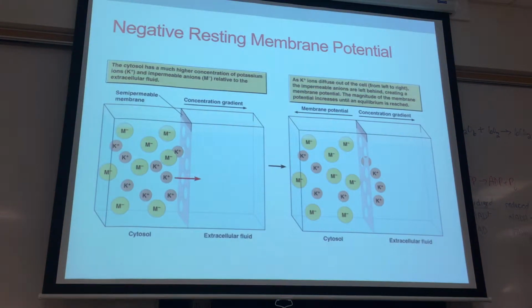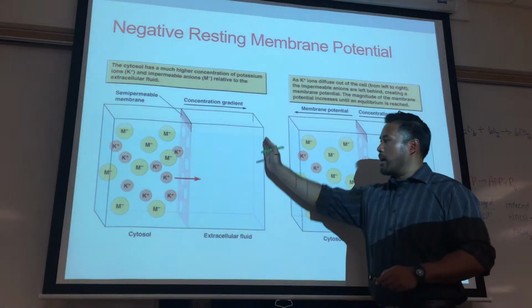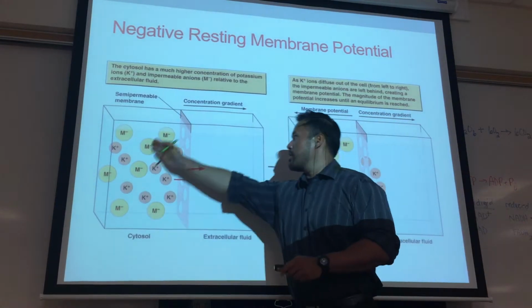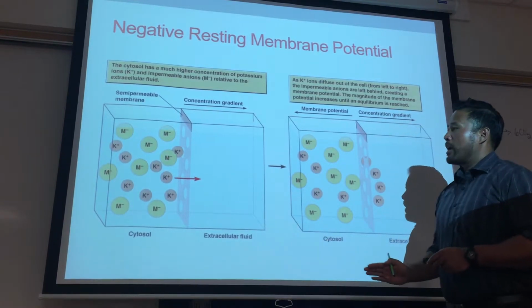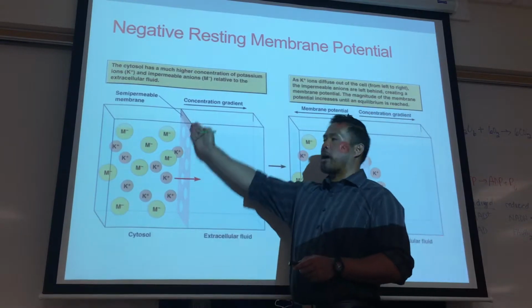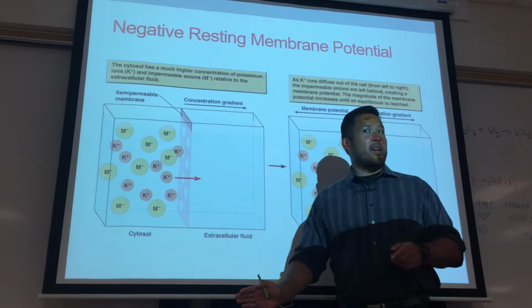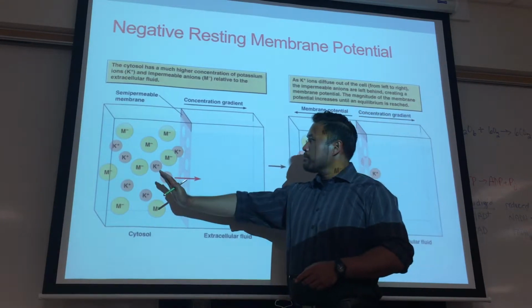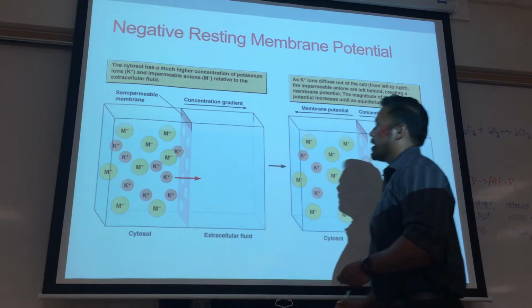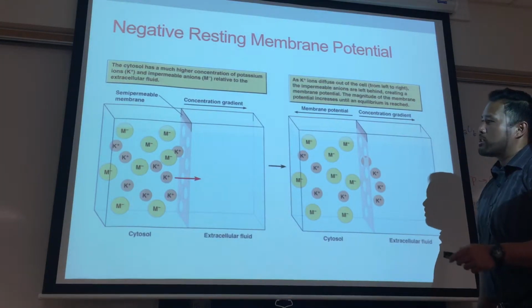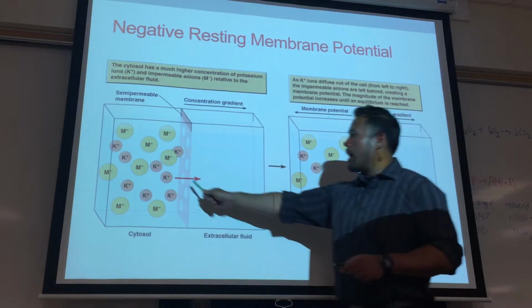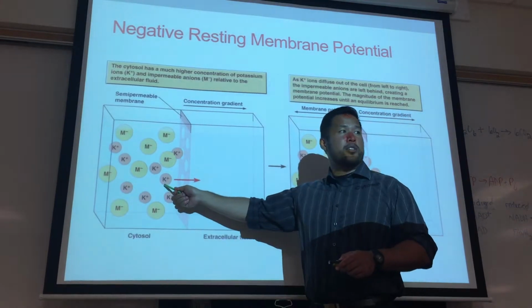The negative resting membrane potential. What we're going to look at here is just a box of some sort, or some vessel, and right in between you're going to see the semi-permeable membrane, very similar to that YouTube example that I showed you earlier. On one side, if we take a look at the charges, we're going to see our potassium ions, which have a positive charge.